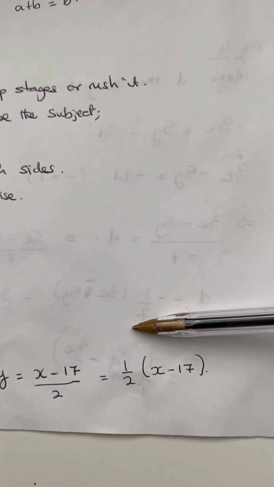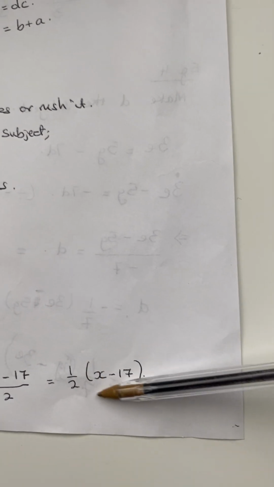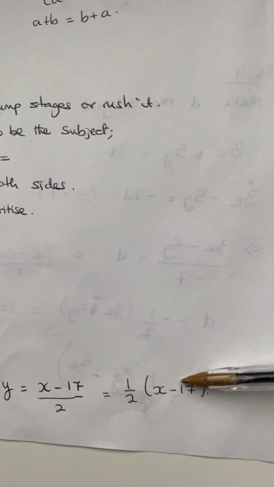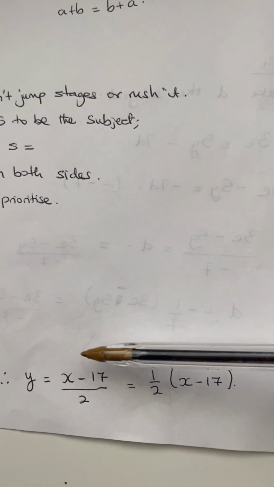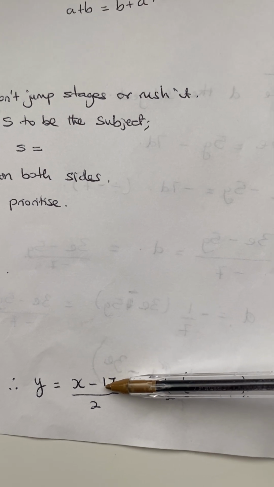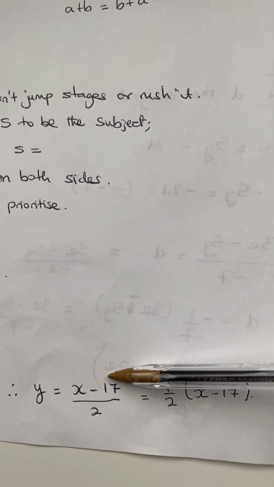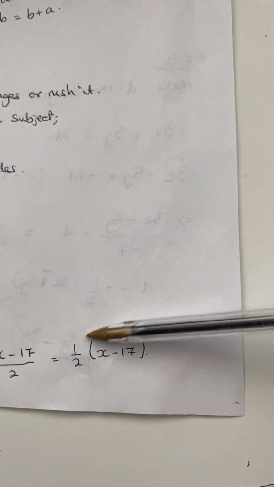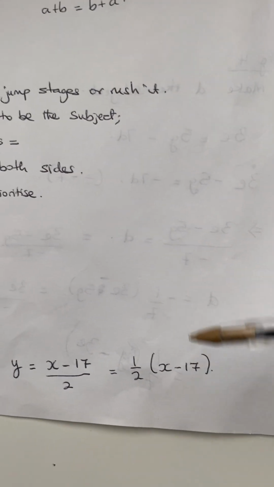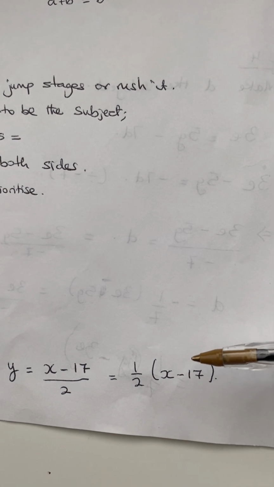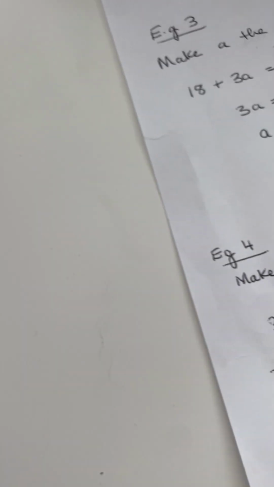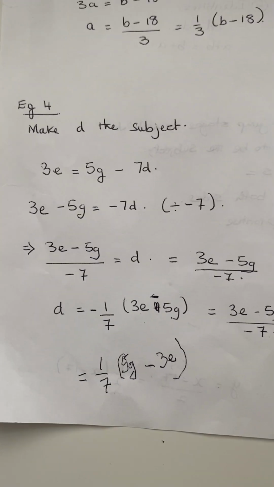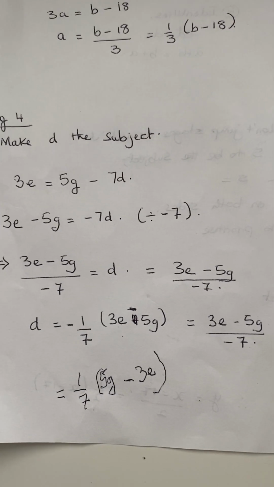At times some students find it a bit confusing. If you are comfortable with this, you will still get the answer. But if you can go another step further and leave it as this, you will still get the same answer. So this is what I wanted to share with you today.